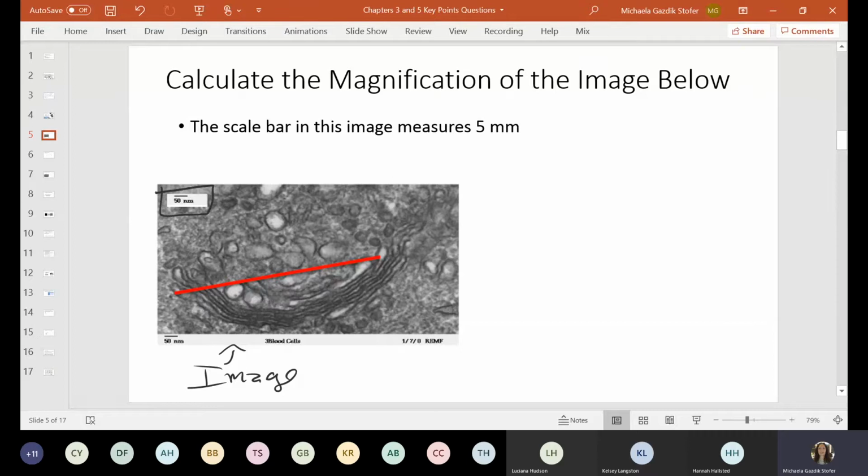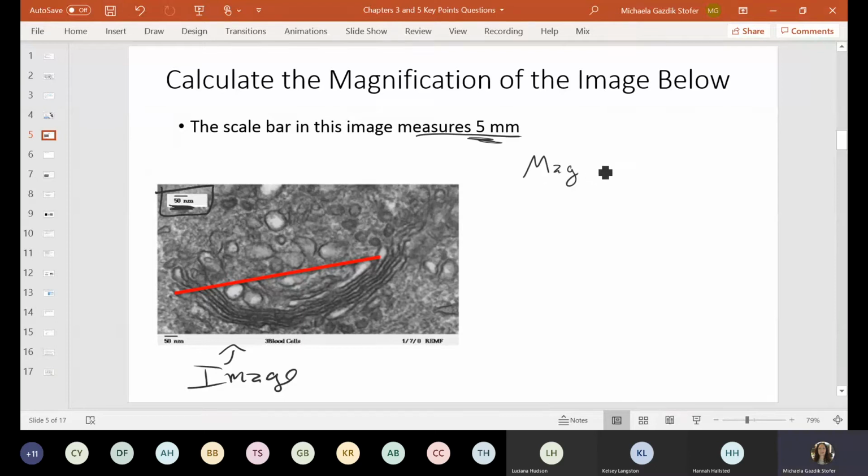And this used to be a lot easier to understand when people used maps for real, because the scale bar on these images is very similar to the distance bar on a map that will tell you, say, 1 inch on the map is equivalent to 1 mile in real life. This is the same thing. It's telling you that this scale bar measured 5 millimeters when we put a ruler here and measured it. So that 5 millimeters in this image is equivalent to 50 nanometers in real life.